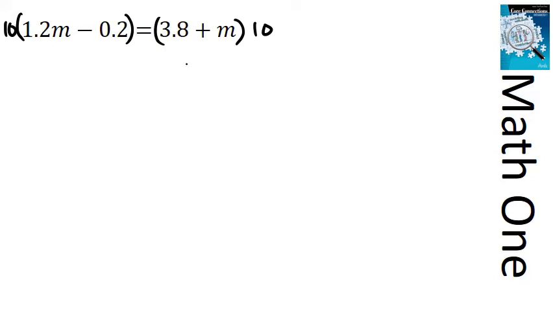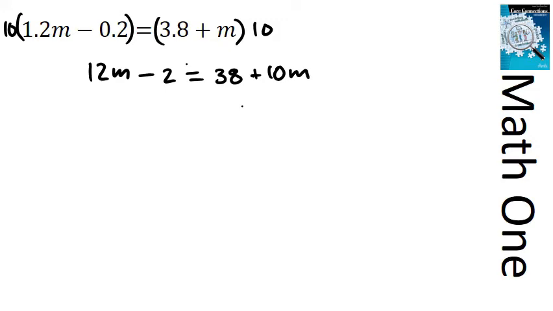It's not necessary to do this, but it does make it look, I think, more manageable. So for example, 10 times 1.2m is 12m. And then minus 10 times 0.2 would be 2. On the other side, that equals 10 times 3.8 is 38. And then finally 10 times m is plus 10m.